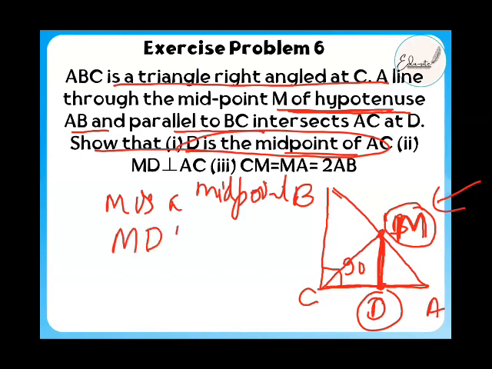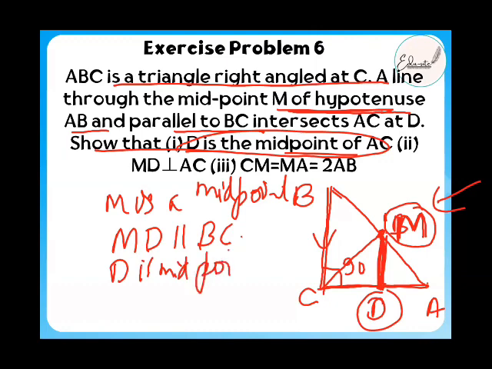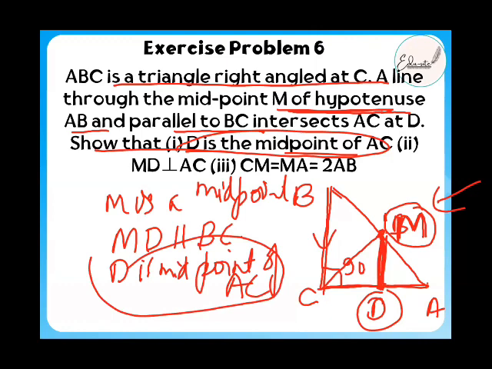MD is parallel to BC, right? This MD is parallel to BC because of the midpoint theorem, correct? Hence, what we can prove is, if M is the midpoint of AB, then D is also the midpoint of AC, from the converse of the midpoint theorem.